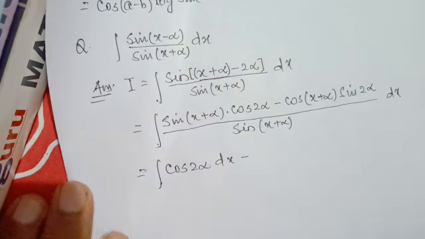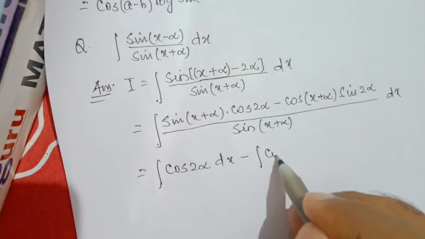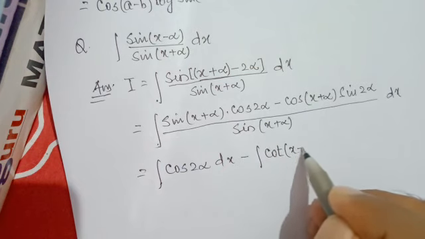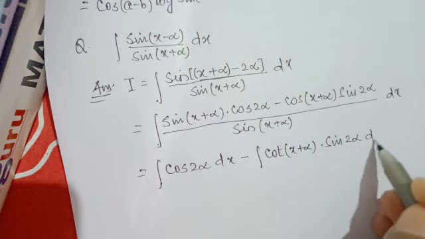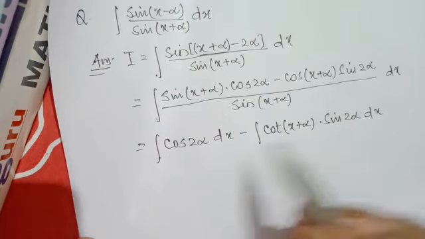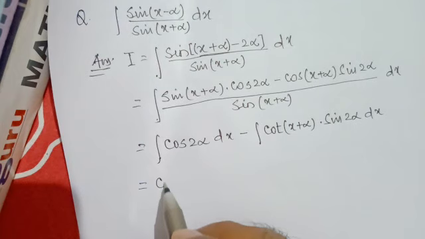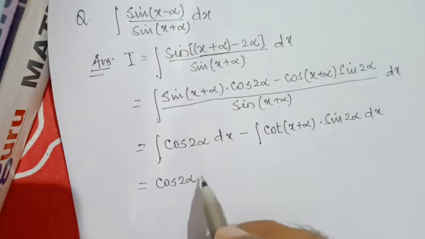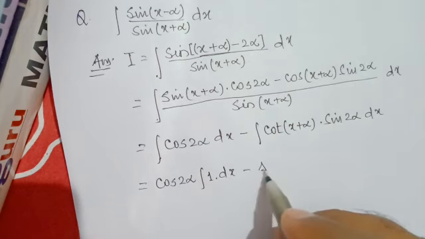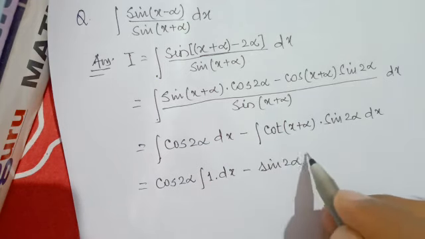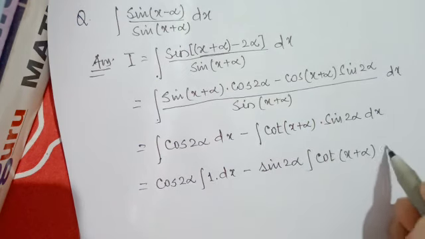In the second integration we have cos(x plus alpha) upon sin(x plus alpha), that should be cot(x plus alpha) into sin 2 alpha dx. Now cos 2 alpha and sin 2 alpha are constants, so take them outside integration. Cos 2 alpha into integral of 1 dx minus sin 2 alpha into integral of cot(x plus alpha) dx.